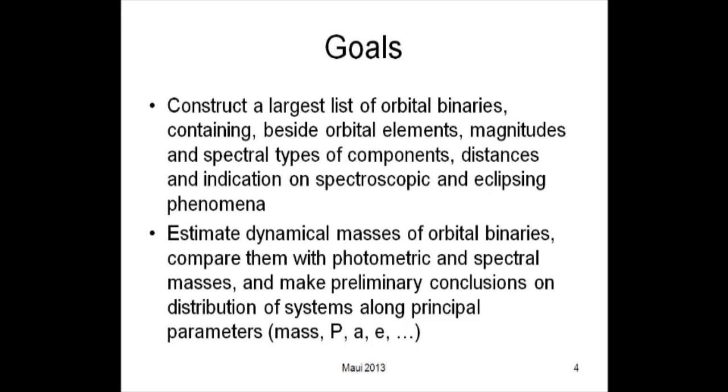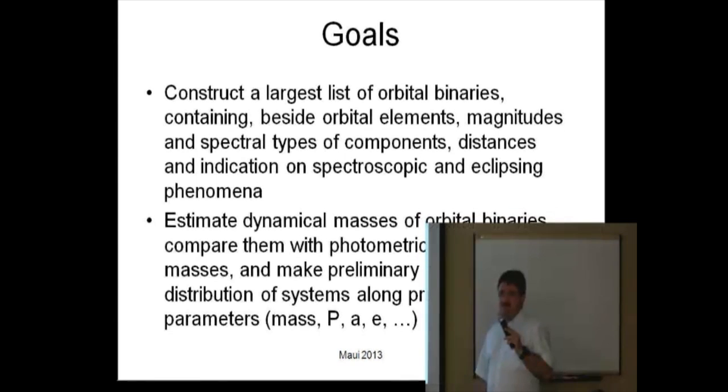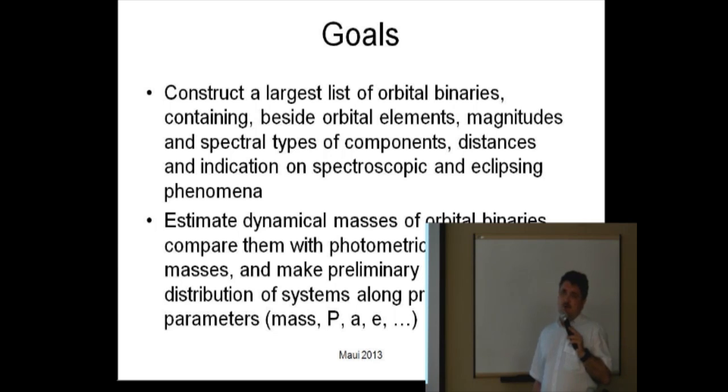Of course, as a base of our study, we used two well-known and widely used catalogues of orbital binaries. One of them is the 6th Orbital Catalog, and the other is a catalog prepared in Santiago de Compostela by Dr. José de Cobo and his collaborators. Again, as I said, they are the best catalogs containing orbital binaries.